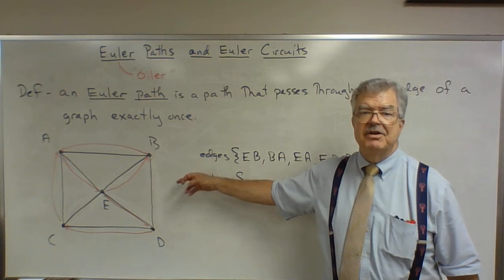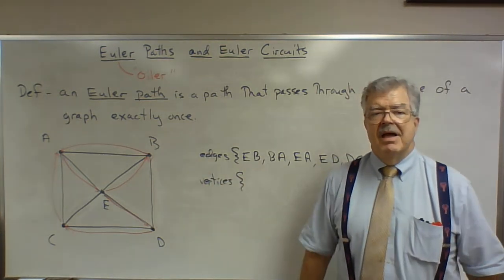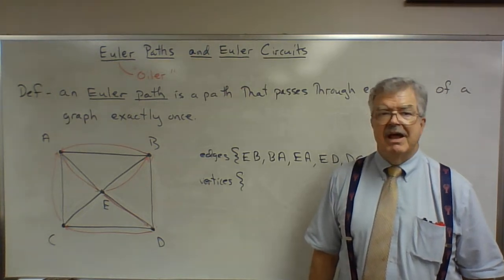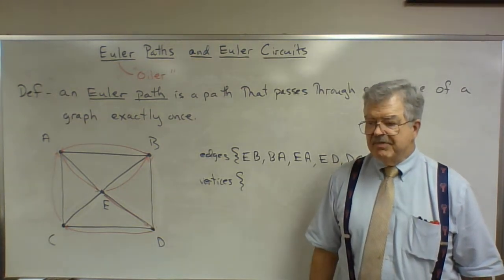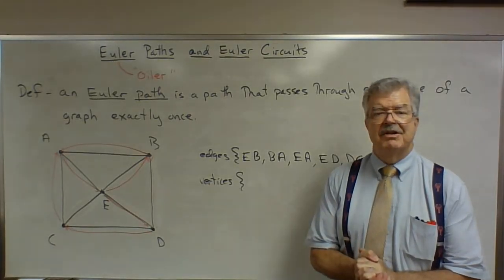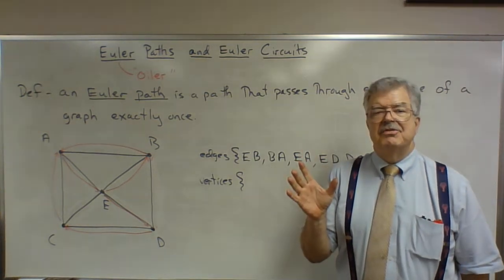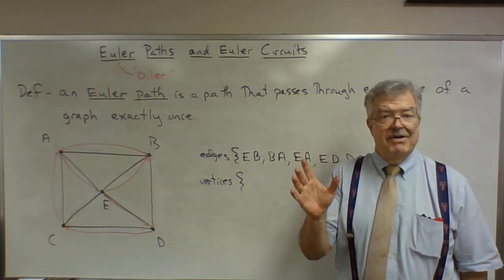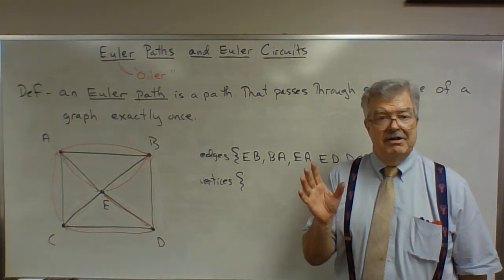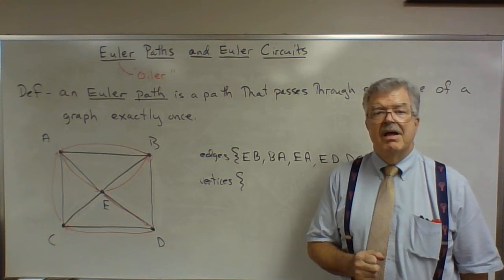I wasn't going to be able to draw an Euler path. In about 15 minutes, maybe a little bit less, we'll look at a theorem that tells us under which circumstances we can find an Euler path and under which circumstances we can't.